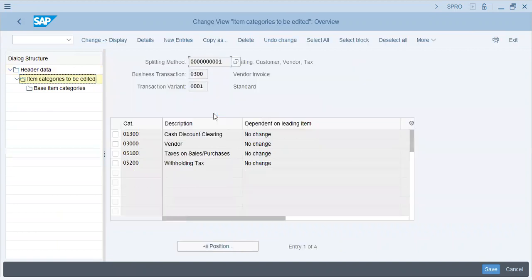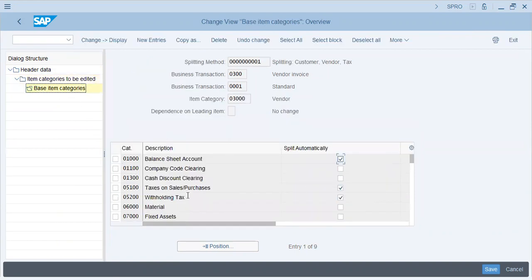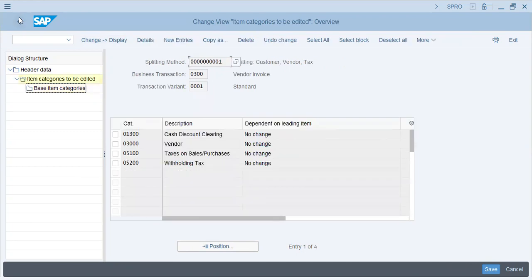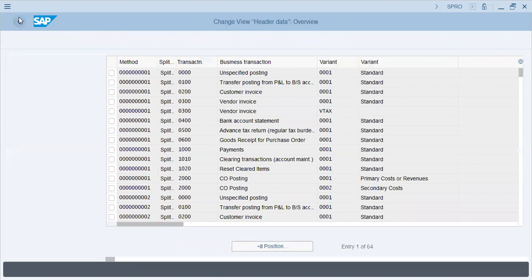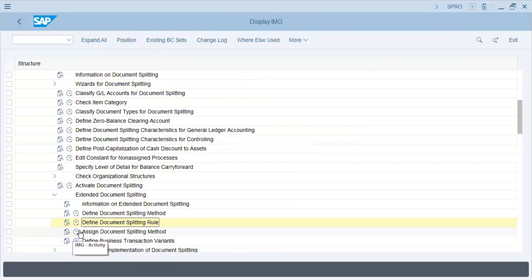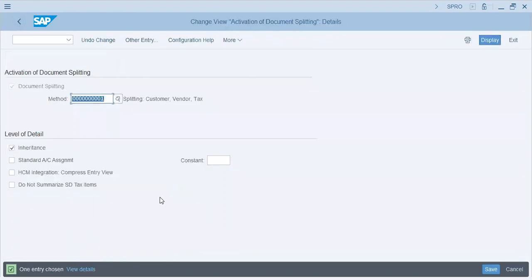Item to be edited, vendor 1000, 3000, and it will split based on vendor invoice, the balance sheet account, which is vendor account, and taxes and withholding tax. Okay, that is how you split the amounts. This is the concept.